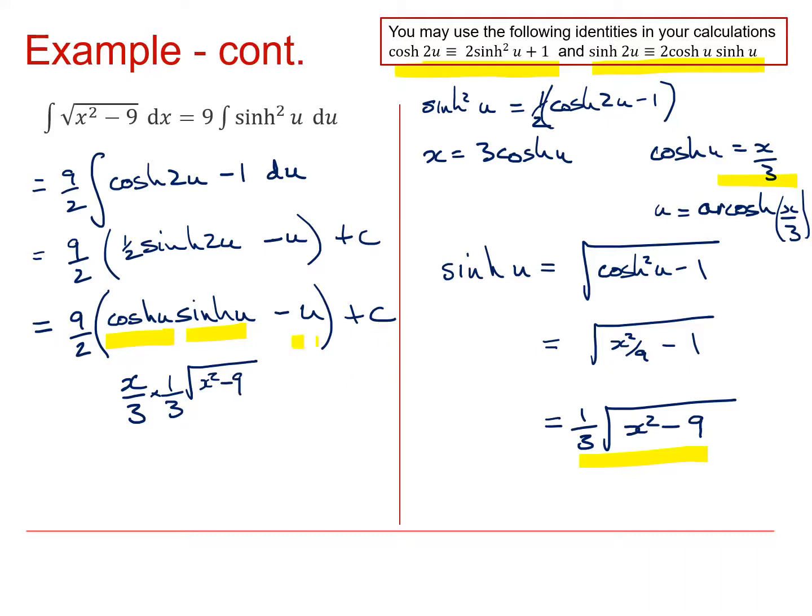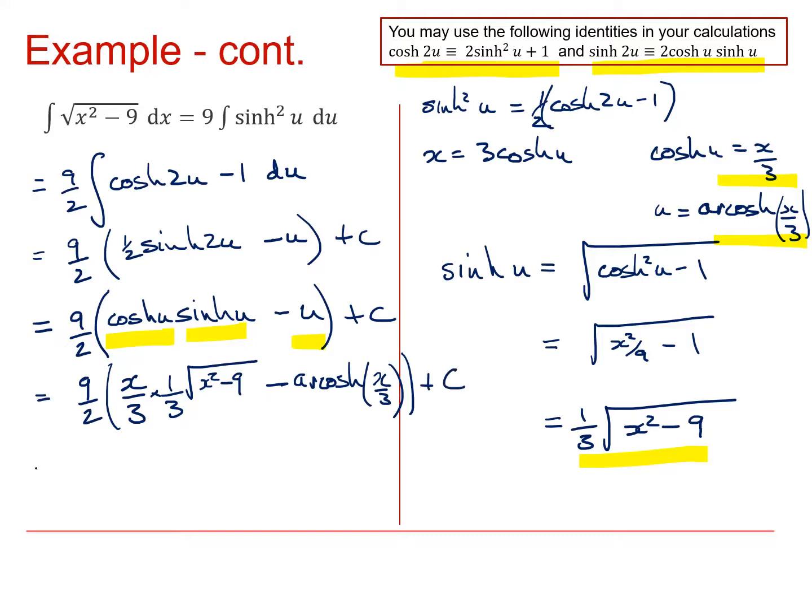And I know that u is arcosh x over 3. And all of this is times 9 over 2, and I need to remember my constant.